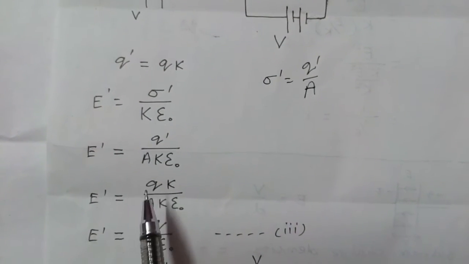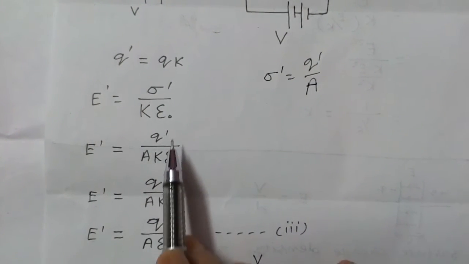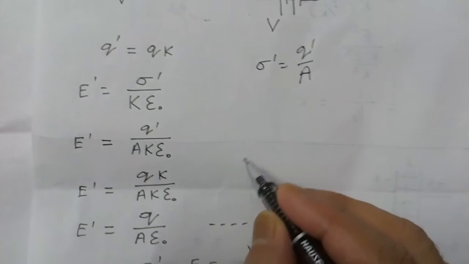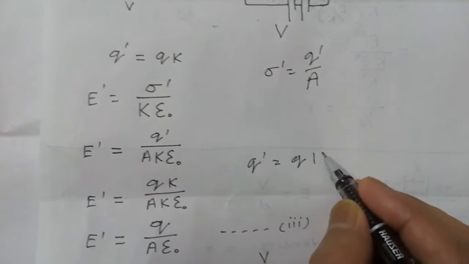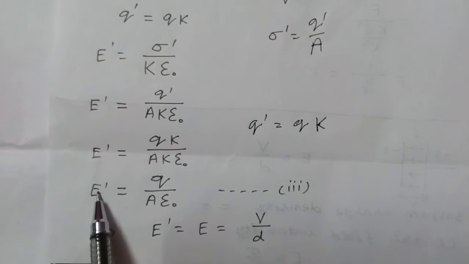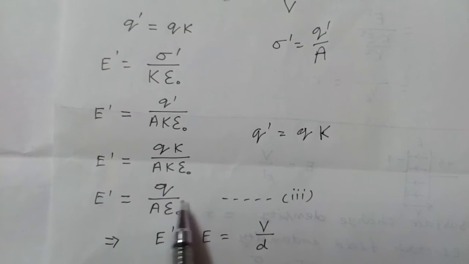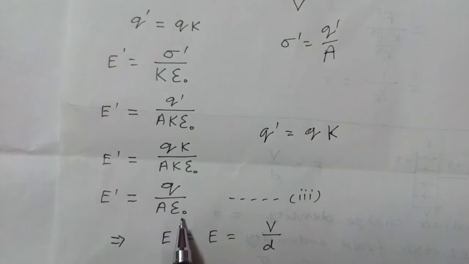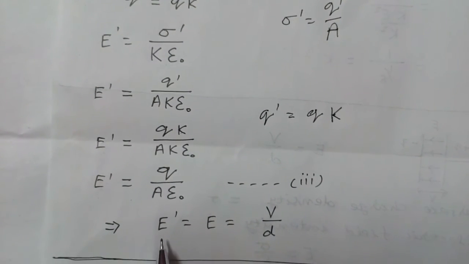So E dash is equal to Q into K upon A K epsilon naught. Place Q into K in place of Q dash, because Q dash is equal to, now there are more charges on the plates of the capacitor, so E dash is equal to Q divided by A upon epsilon naught, which is the expression for E also.